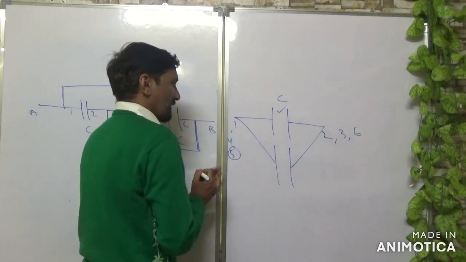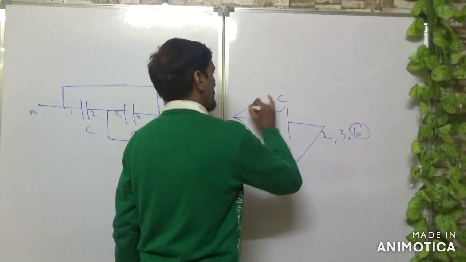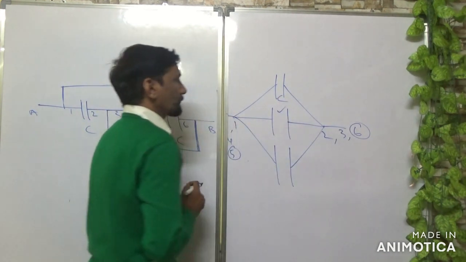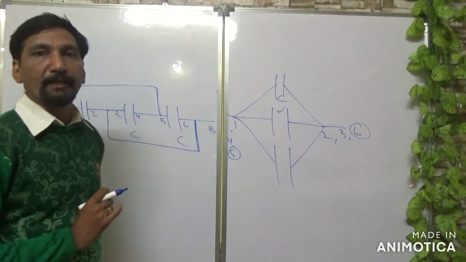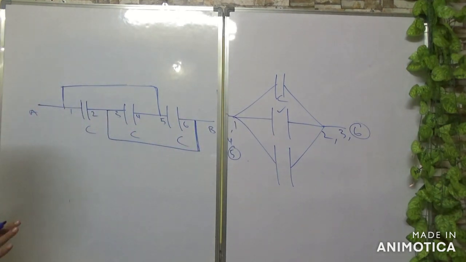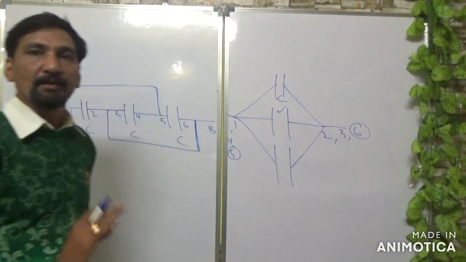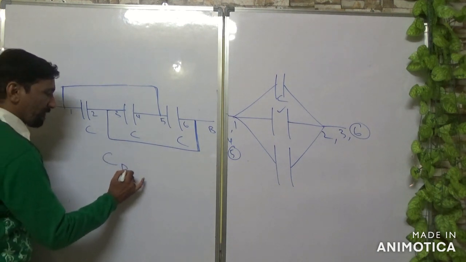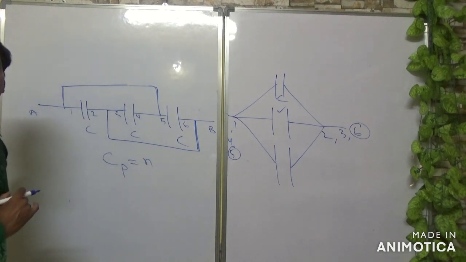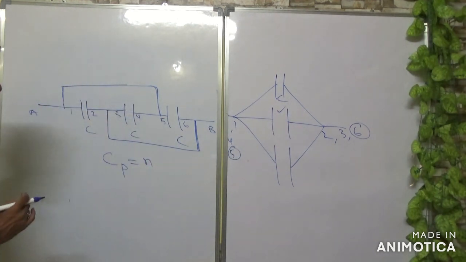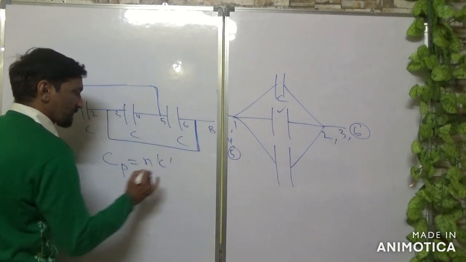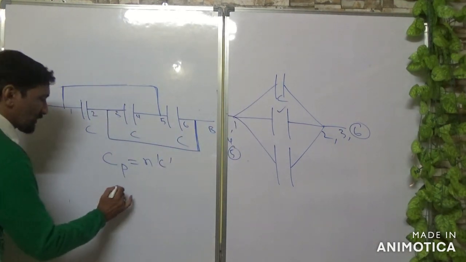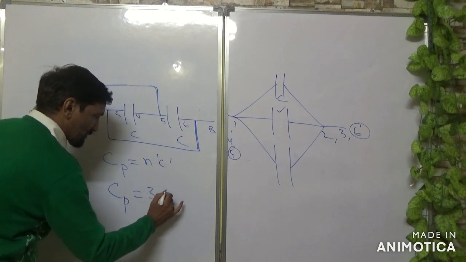So 5 is on the left side, 6 on the right side. So they are all connected in parallel combination. Whenever endpoints are the same, they are said to be connected in parallel combination. You already know, whenever you join n identical capacitors in parallel, it is n into C. So here you have connected 3 capacitors, so the effective capacitance becomes 3C.